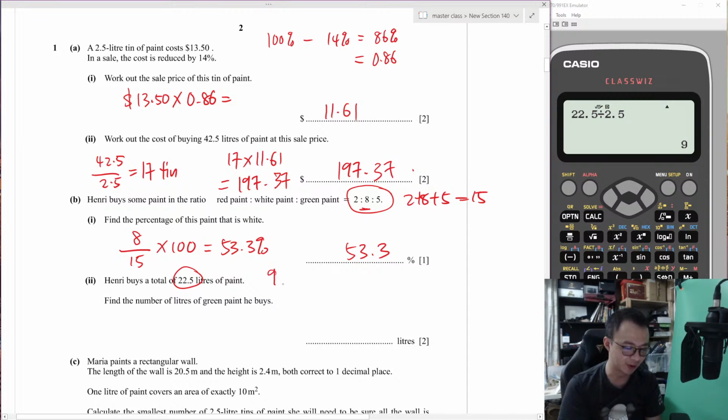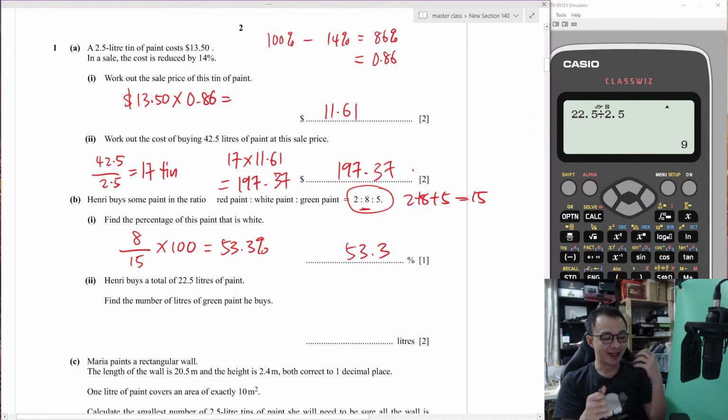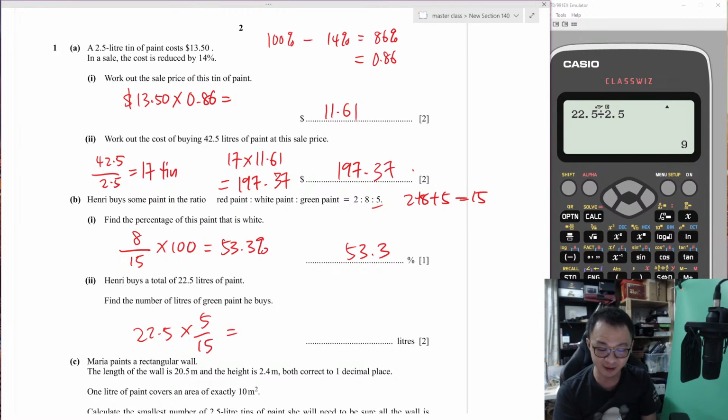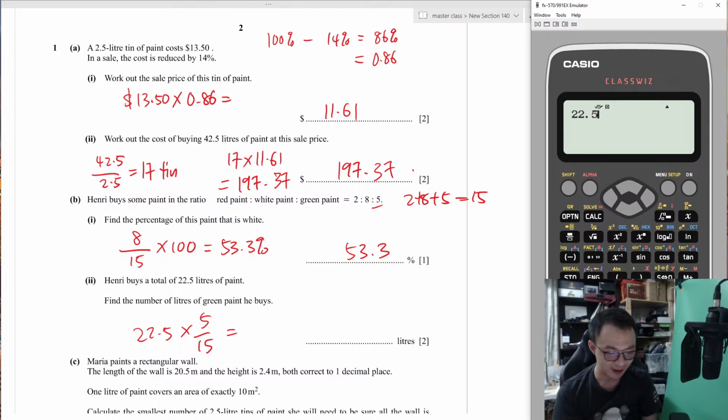Oh no, they didn't ask how many tins of green, they just asked about the number of green. Then I will just use 22.5 multiply, the ratio of green is 5, isn't it? 5 out of 15. Just now I thought they wanted the number of tins, but it seems like they want the number of liters.